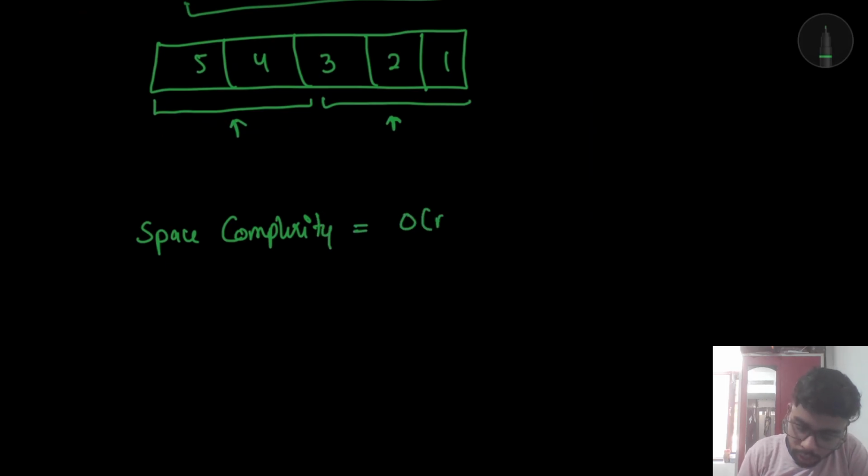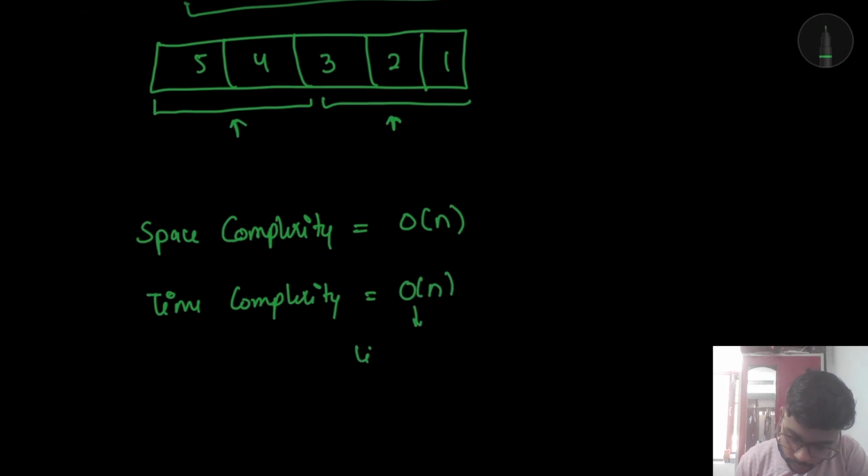Space complexity is order of n, and time complexity will be order of n for list traversal plus order of n for the construction.